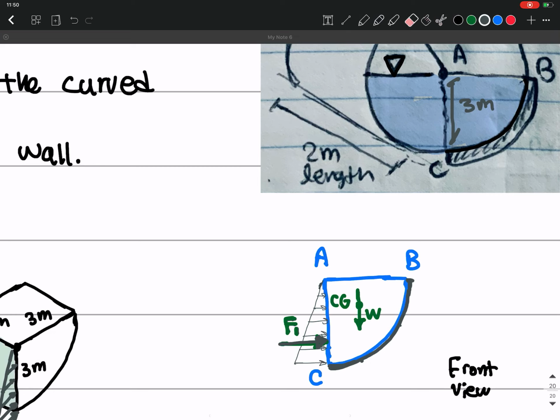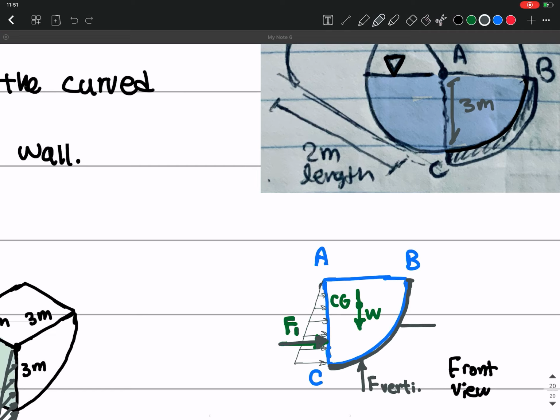It tolerates the weight of this water on top of that, so we have to have a vertical force. So it exerts a vertical force on this fluid, which I show as F vertical. And also, it should exert a horizontal force on this fluid as well, because we have this F1 here, this hydrostatic pressure force that is exerted on this fluid.